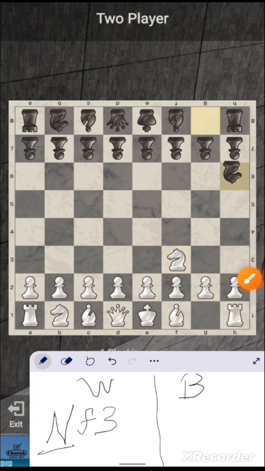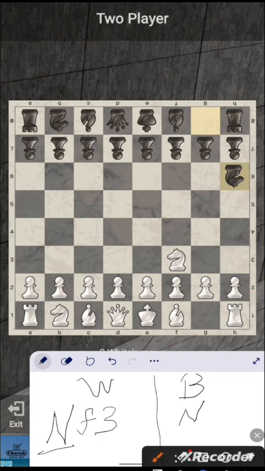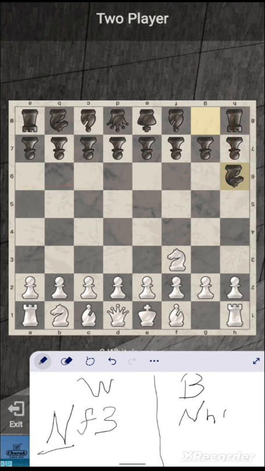Now suppose black moves his knight. Knight is represented with capital N. Always represent the pieces with a capital letter. And what is the file? It is the H file and the rank is 6.